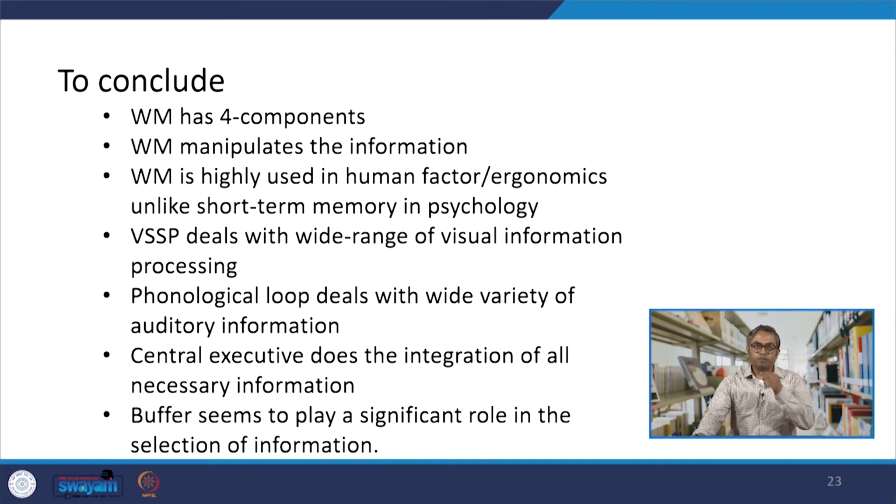To conclude, what we learned with the multi-store model is that there are 3 stages involved: sensory memory, short-term memory and long-term memory. The information which we do not process, we forget.